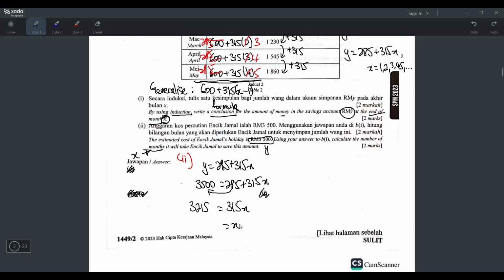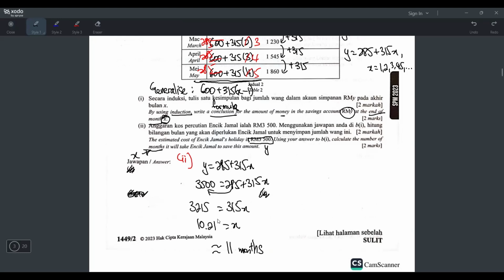Okay, so my calculator gives me 10.206. Usually I like to write in 4 significant figures, so 10.21. So we can say that the number of months it will take to save this amount is 10 months. 11. Yeah, it should be 11 months. Let me tell you why it is not 10, why it is 11.